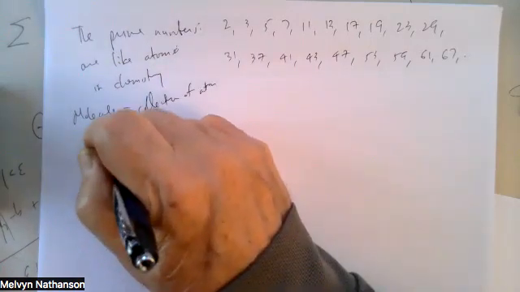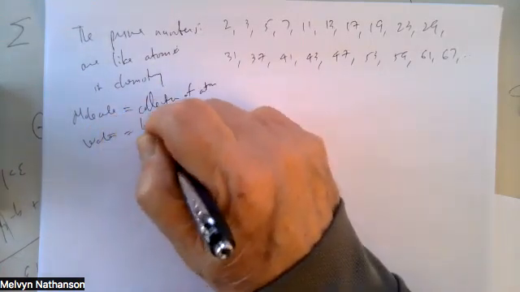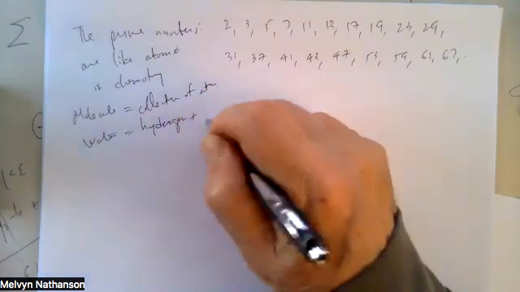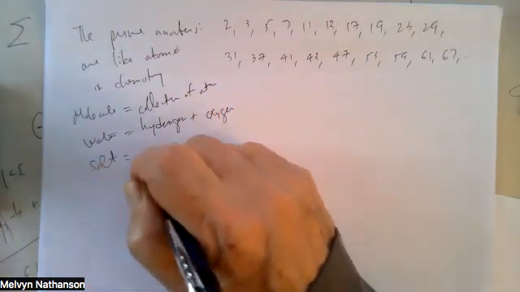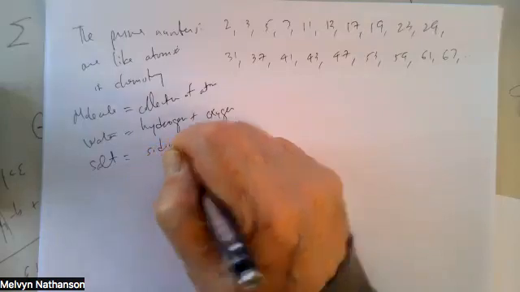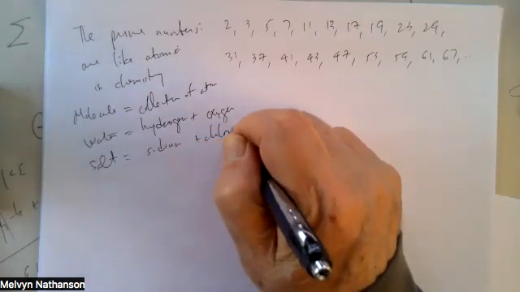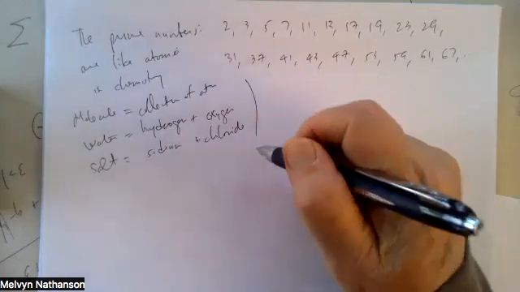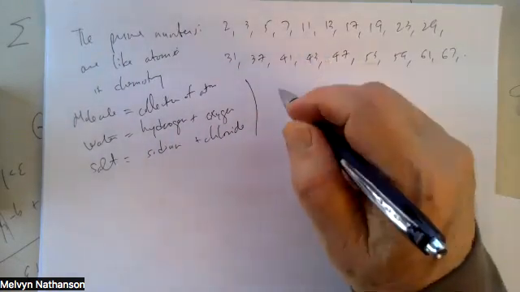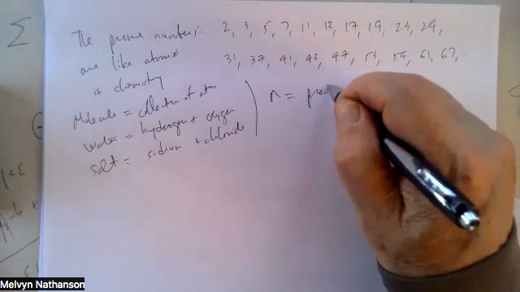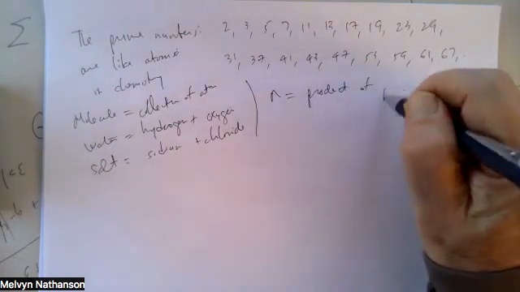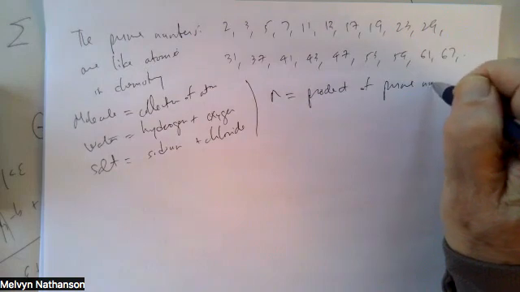So water is hydrogen plus oxygen. Salt is sodium plus chloride. And in arithmetic, every number n is a product of prime numbers.